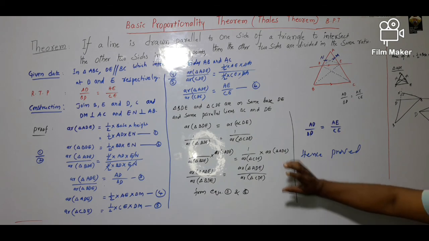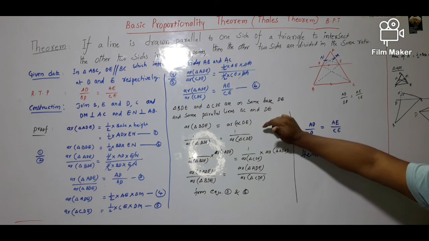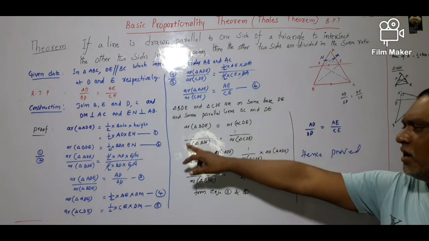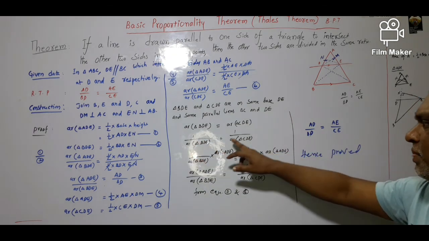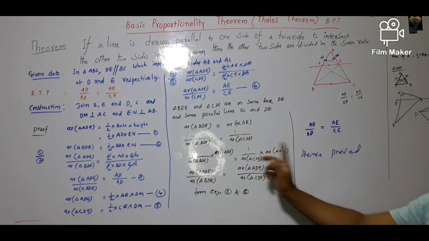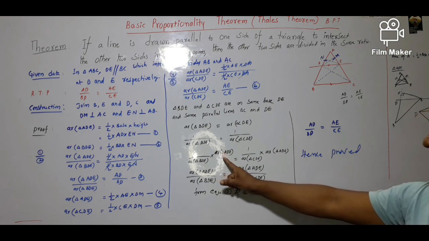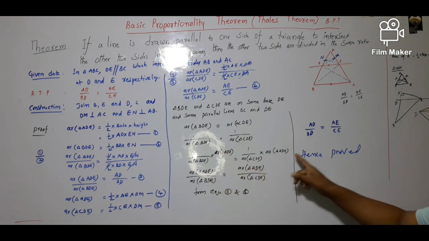Now do the reciprocal: 1 by area of triangle BDE, 1 by area of triangle CDE. Multiply both sides by the area of triangle ADE.